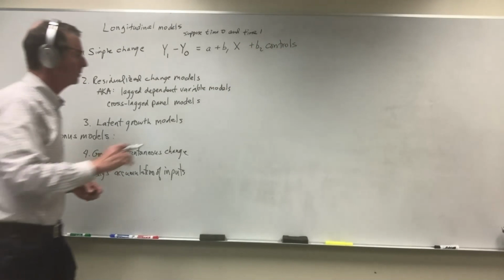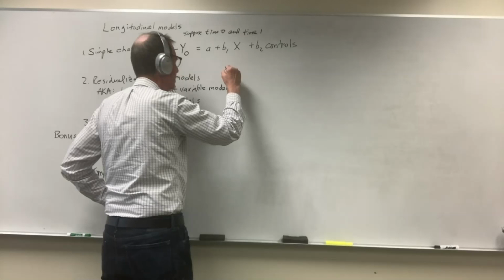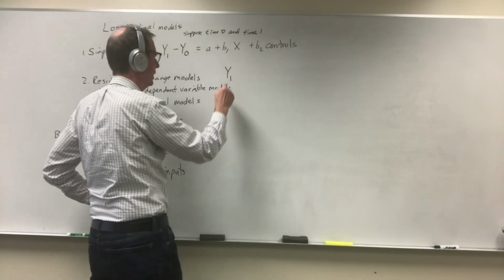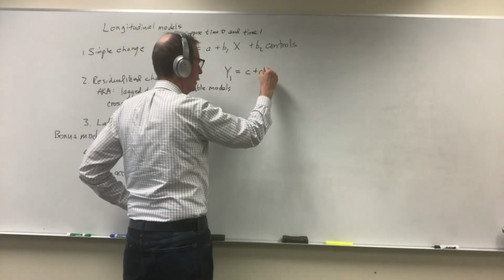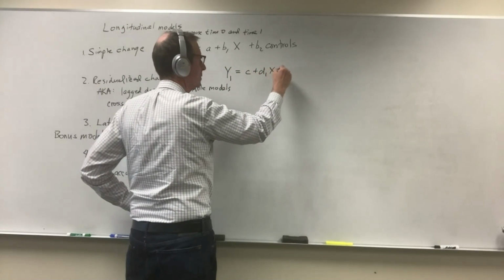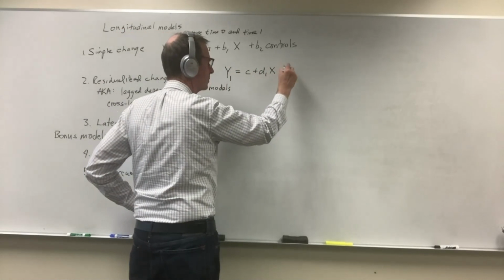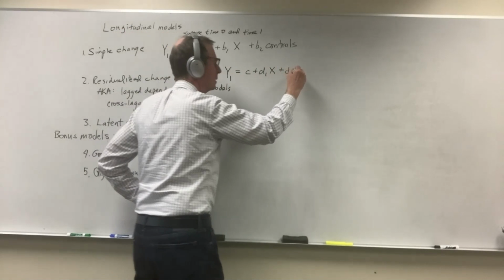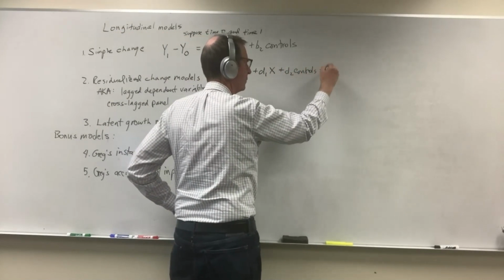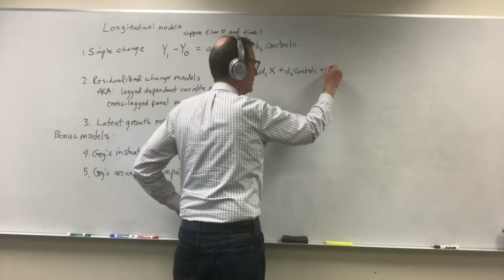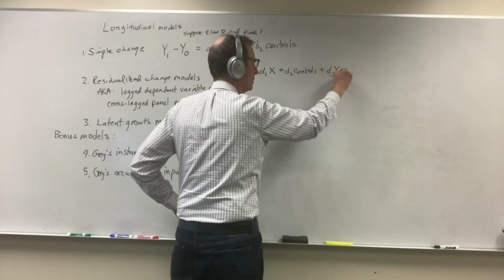Residualized change models aren't that different. They're of the form y1, in other words, the second measure of y, equals c plus d1 x plus d2 controls plus d3 y0.